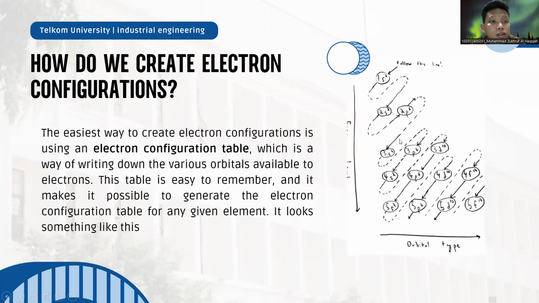And the next, how do we create electron configurations? The easiest way to create electron configurations is using an electron configuration table, which is a way of writing down the various orbitals available to electrons.